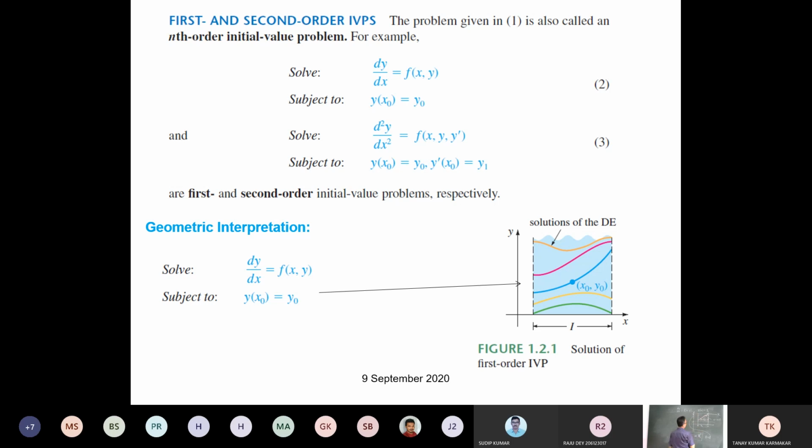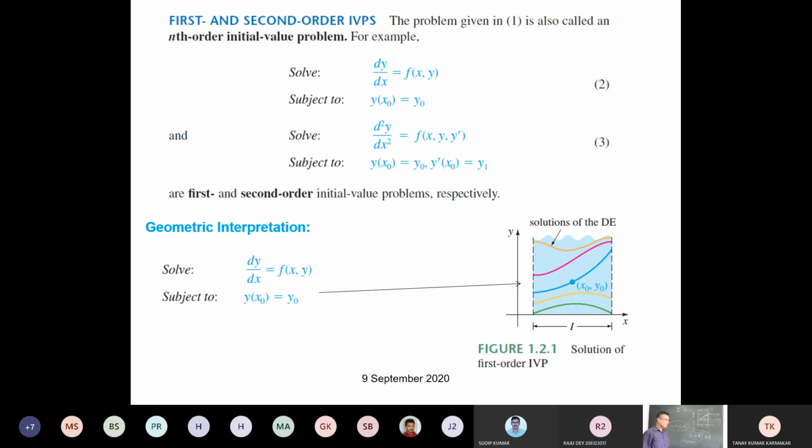Now, it is always possible to find an interval like CD where the value of y(x) will belong. If I assume that y(x) always lies in that interval CD, then I can definitely define a rectangle denoted by R like this.